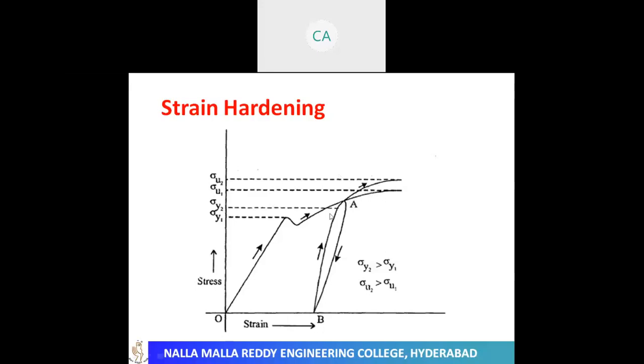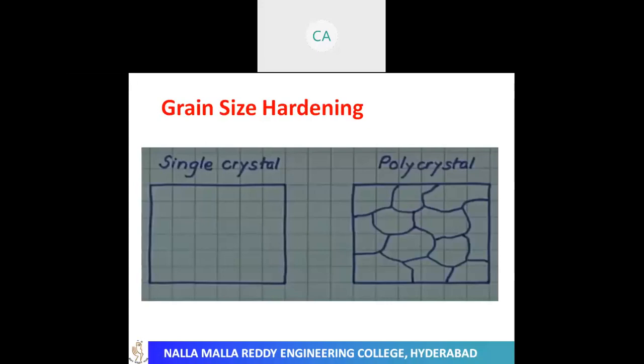But we have seen this is not true, because experimentally a deformed crystal is stronger. That's what we call strain hardening. Now let's see another example of a strengthening mechanism.